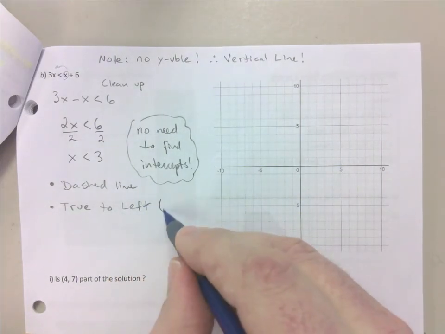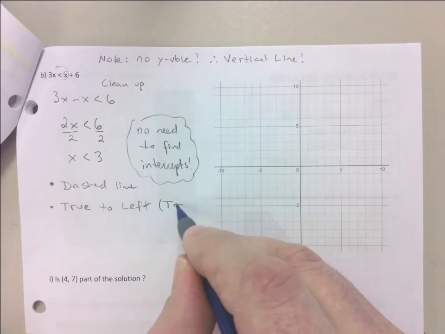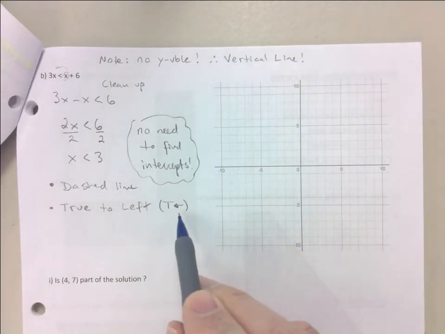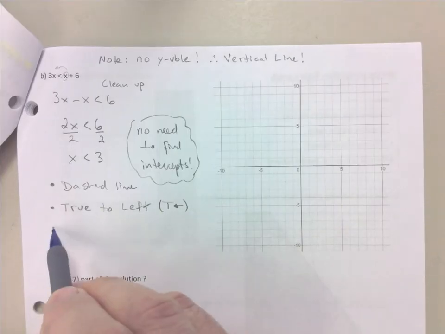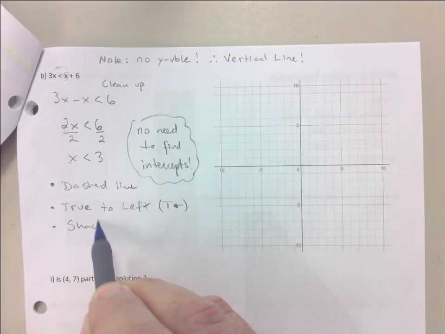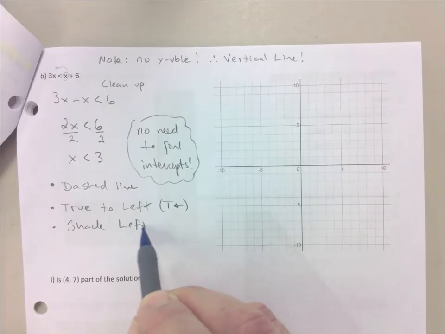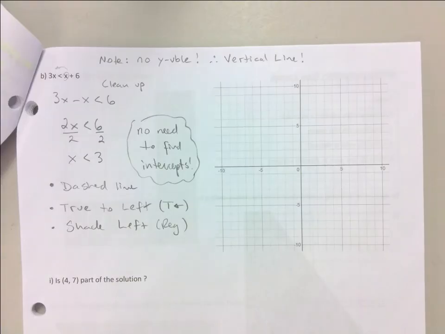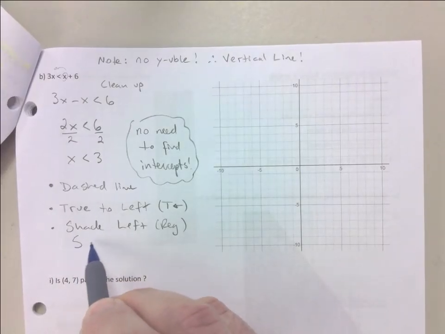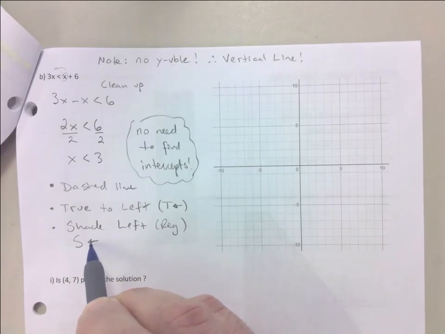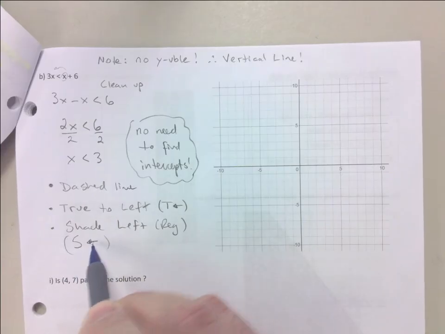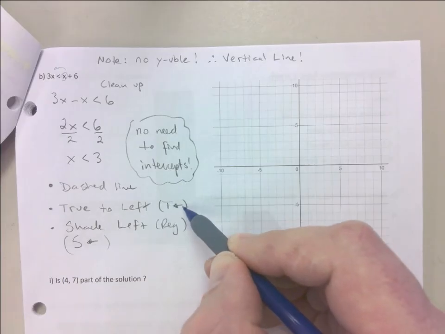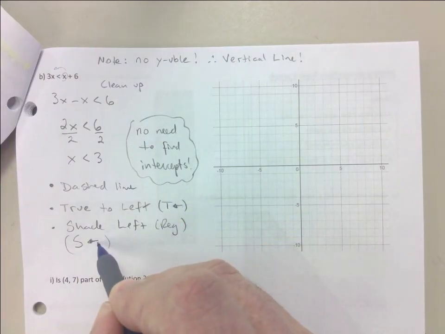So I'll do this from now on. True is to the left, so I know where the true region is. I'm going to shade left because I'm using regular shading. My little symbol for that is just saying S left. So true is to the left, shade to the left.